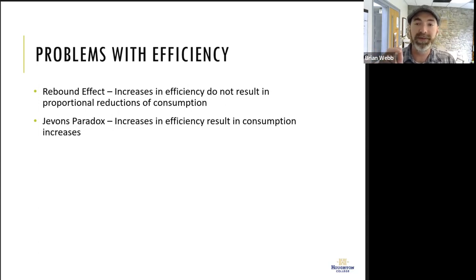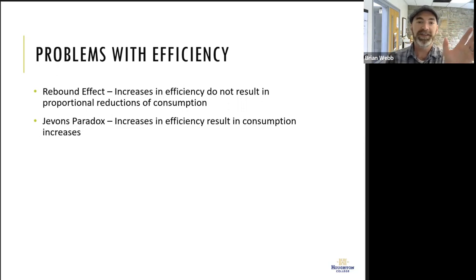Because what's going to happen is, because that car is more efficient, people are going to drive it farther. And driving it farther means that they will consume more gas. Now, less gas is consumed on a per mile basis, but you're driving more miles. So maybe you reduce your gas usage by 15%, but that 20% increase in fuel economy didn't result in a 20% decrease in gas, it only resulted in a 15% decrease. That's just a hypothetical scenario.